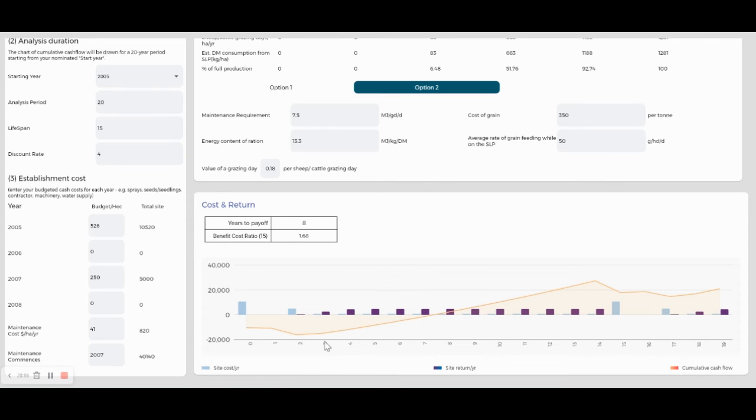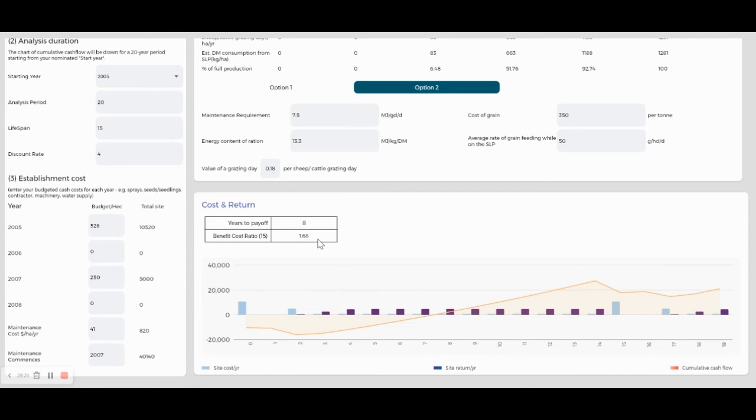So we're seeing here that our years to pay off now is 8 years. So the saltland pasture has paid for the establishment costs by year 8, and all grazing beyond year 8 is profit.